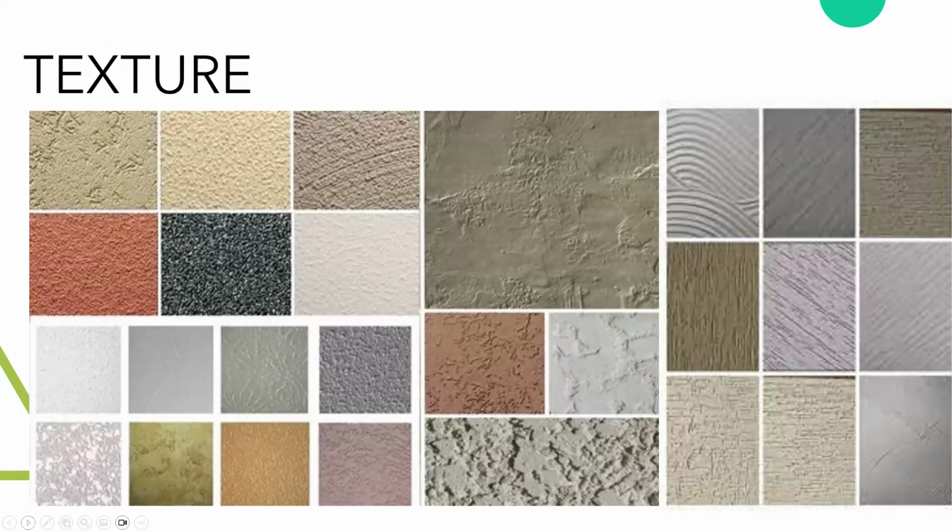So texture and pattern, a lot of people misunderstand this thing. Texture gives you an impression of material. Like you could see, some of them are looking like, if you see brown, it's giving you something like wood. When you see ash, it's giving you marble vibes.